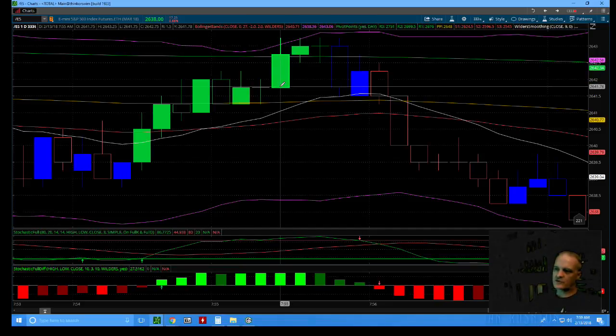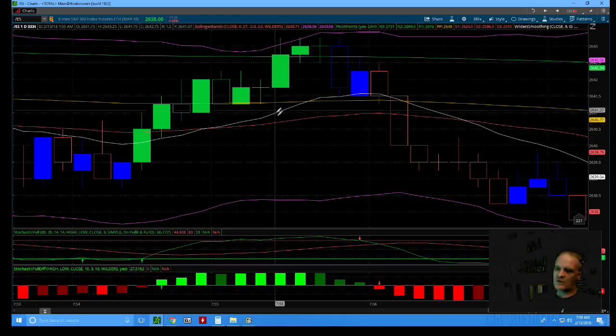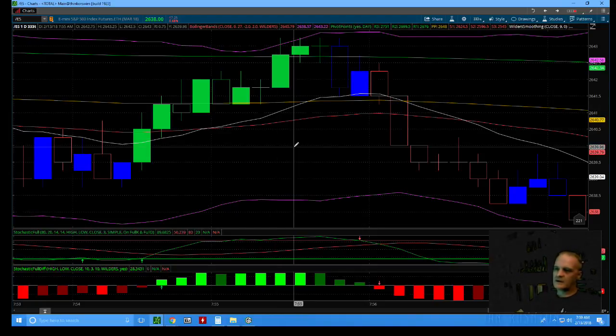Now there's no wick here, there's no shadow, so what it tells you is that the low and the open are the same number. It opened at that number and it traded up, it never traded below it.